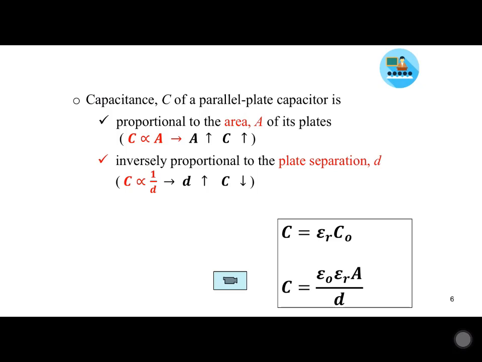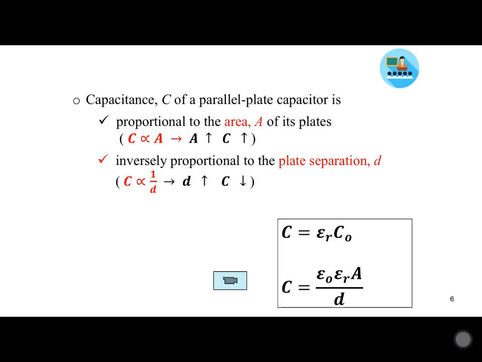The capacitance is inversely proportional to the distance between the two plates. If we increase the distance between the two plates of the capacitor, we decrease the capacitance, and vice versa. So the dielectric helps us make the parallel plates come as close as they can, so that we can have a higher capacitance.